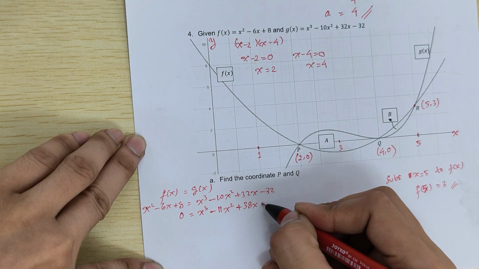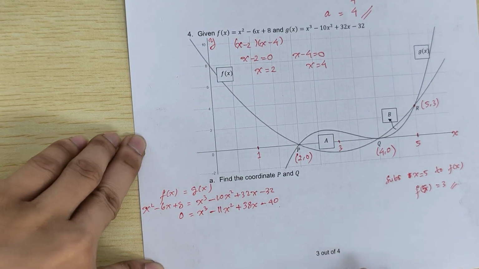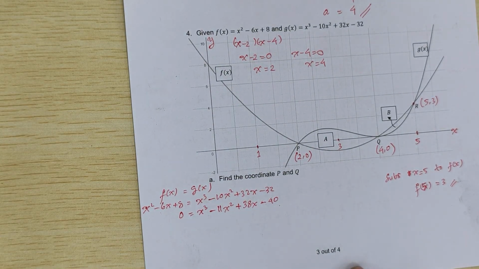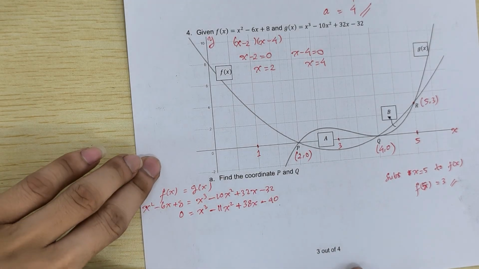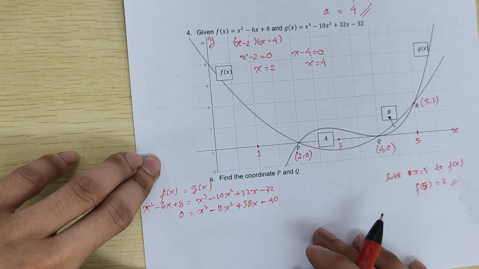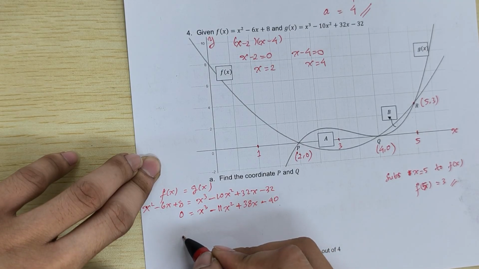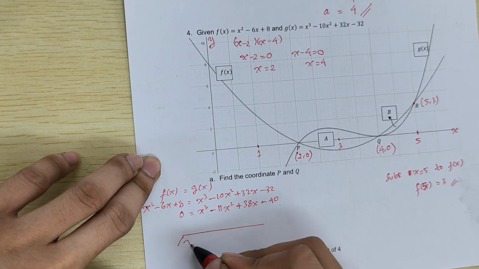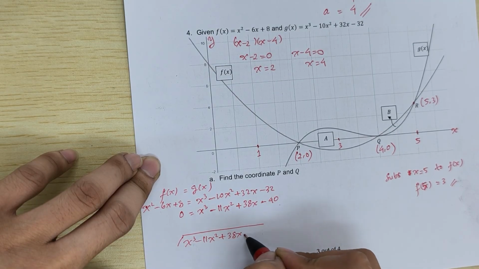And then minus 32 and minus 8, minus 40. So you can factorize these cubic functions, but factorizing cubic functions is somewhat difficult, so you can use this one: x cubed minus 11x squared plus 38x minus 40.